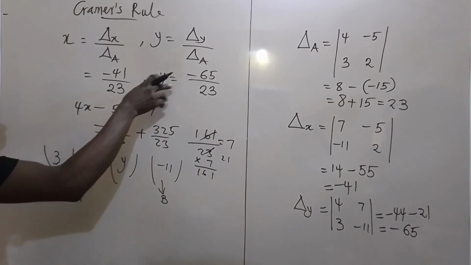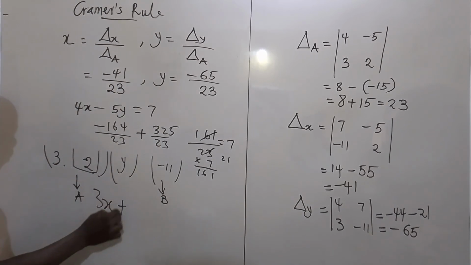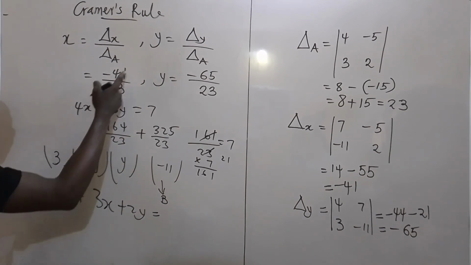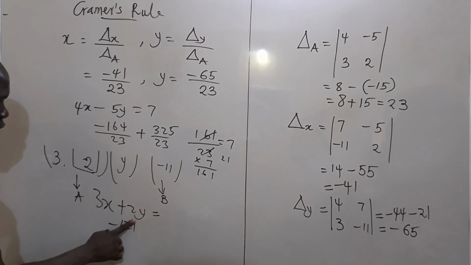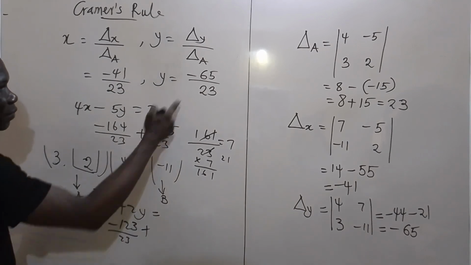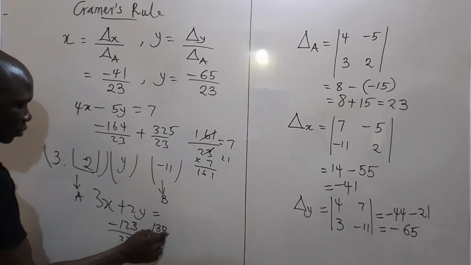You can do the second one also, for the second equation. The second equation says 3x plus 2y is minus 11. So 3 times minus 41 is minus 123 over 23, plus 2 times minus 65, that's minus 130 over 23.